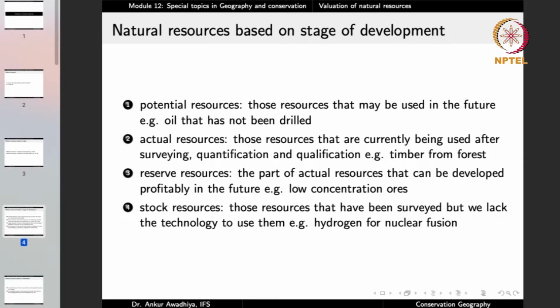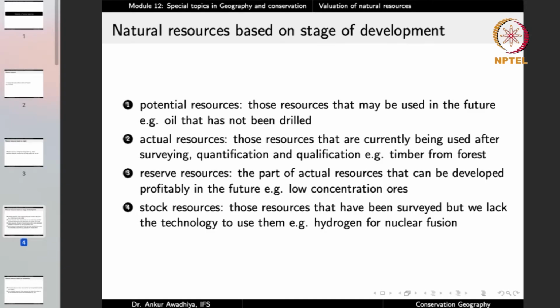Another classification is based on the stage of development. In this context, we saw that we have potential resources, that is, those resources that may be used in the future. We are currently not using those resources, but they can be used in the future, such as oil that has not been drilled.